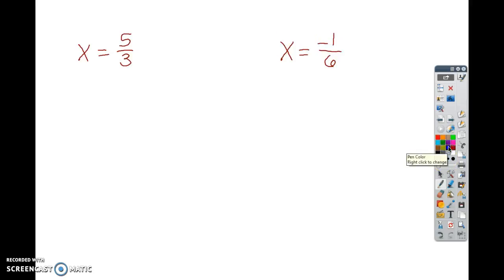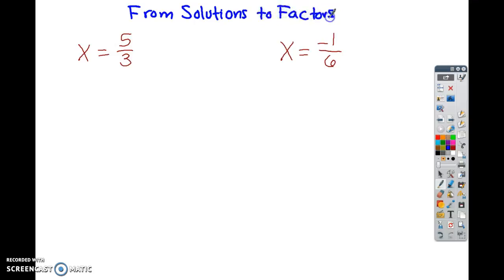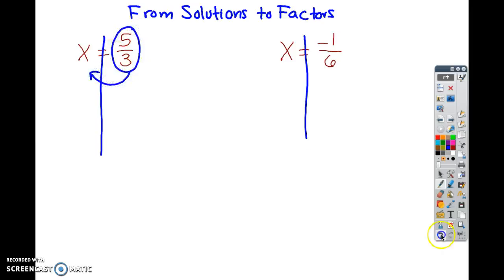And again, we are going from solutions to factors. So you draw the line, and you do not, listen to me carefully, you do not just move this over and change the sign. That is not how it works.